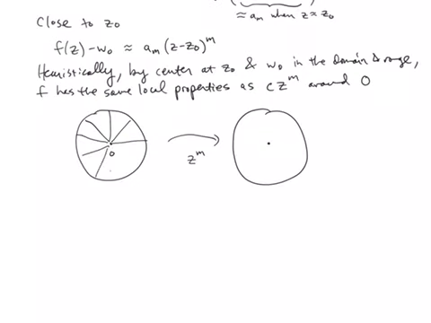And each of those pieces, the angle here, this is 2 pi over m, gets multiplied by m, and so that wedge there gets mapped onto the entire circle. So this edge here goes there, and that whole wedge gets wrapped around until this edge here ends up on the same segment on the other side when it gets pulled around. So this is m to 1 here, at least away from 0.